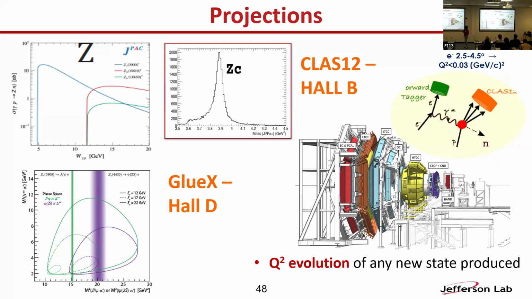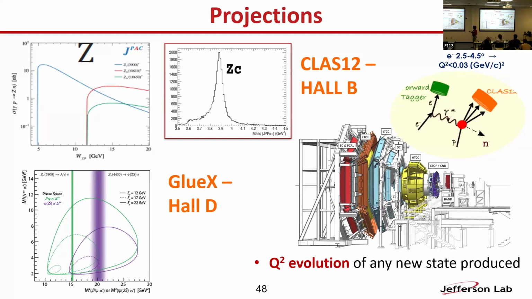And for the Z particle, the JPAC collaboration theorists give us some prediction for the cross section, which shoots up at the threshold. So it's a good territory here at JLab to study these Z particles.